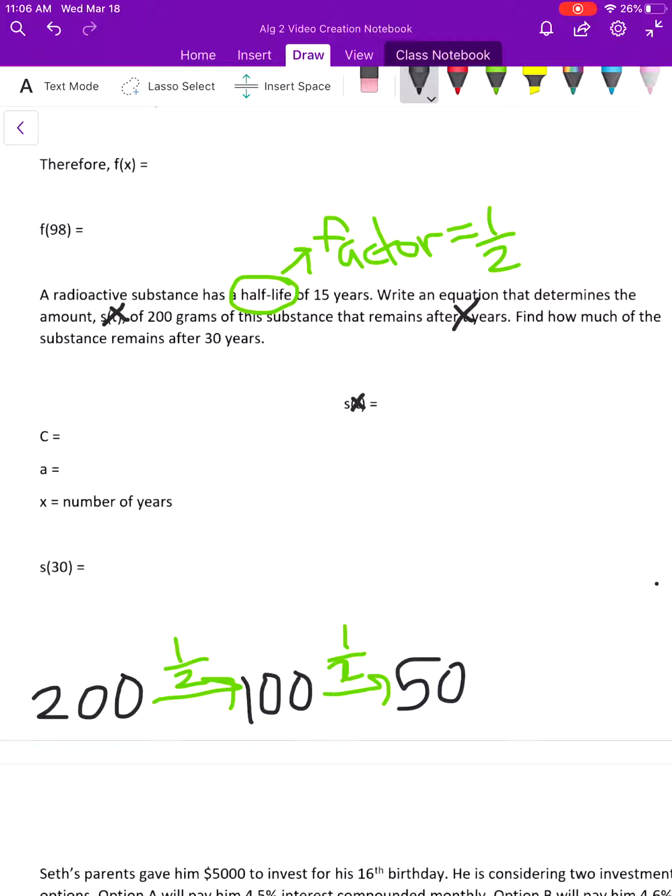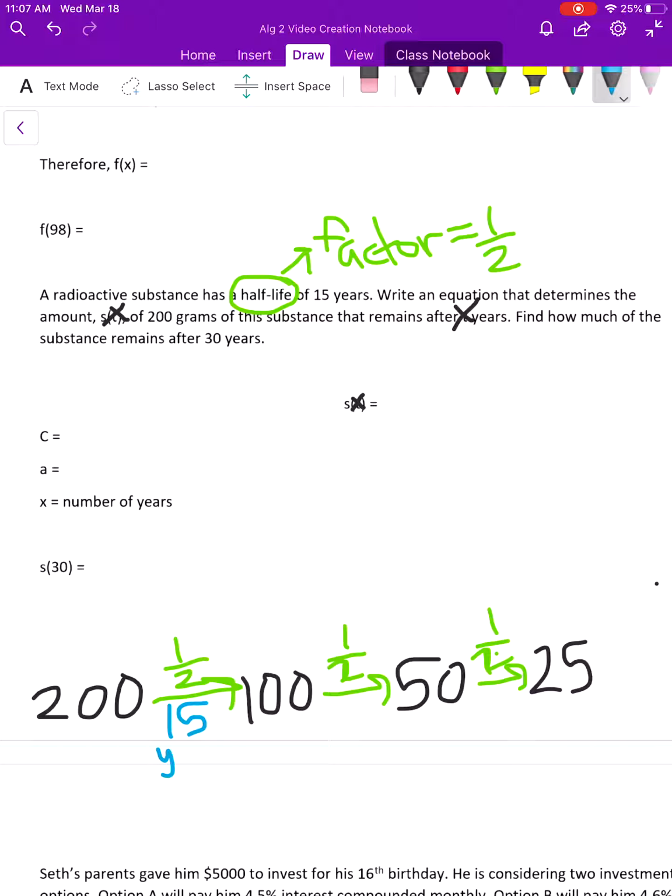And then we can multiply by 1/2 just one more time to see the pattern. And we would get 25 grams of the substance. And what it's saying is that the half-life is 15 years. And so it takes 15 years for this halving to occur.